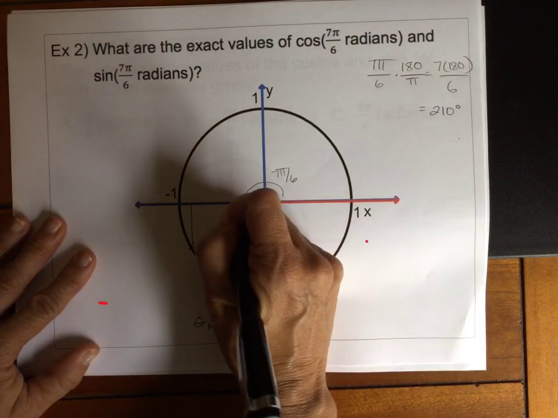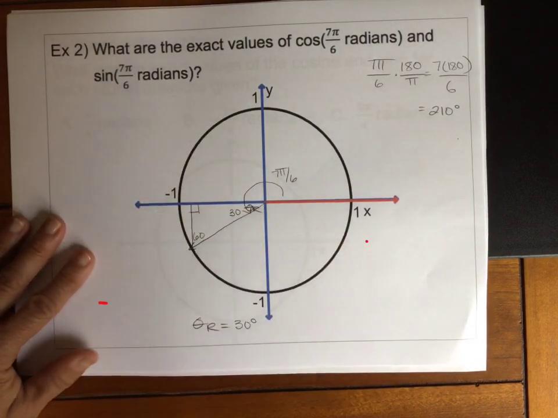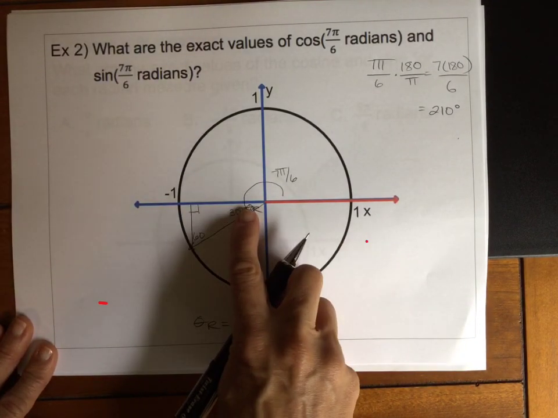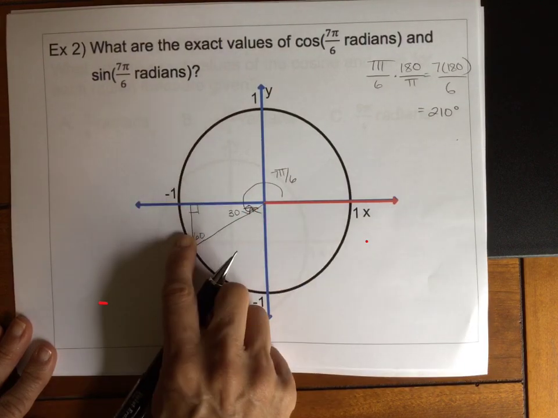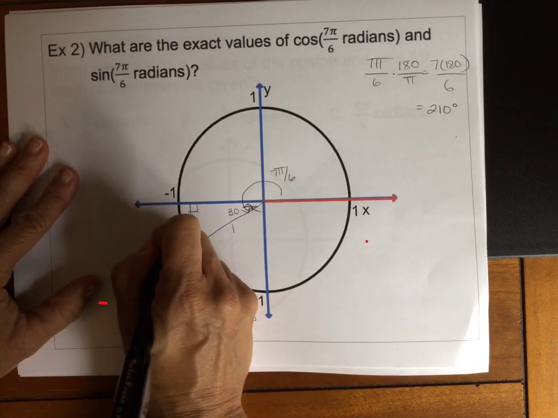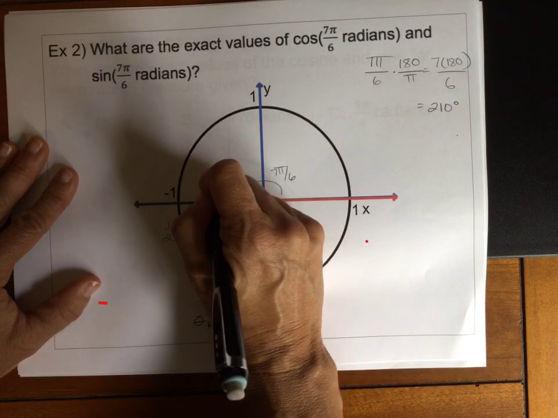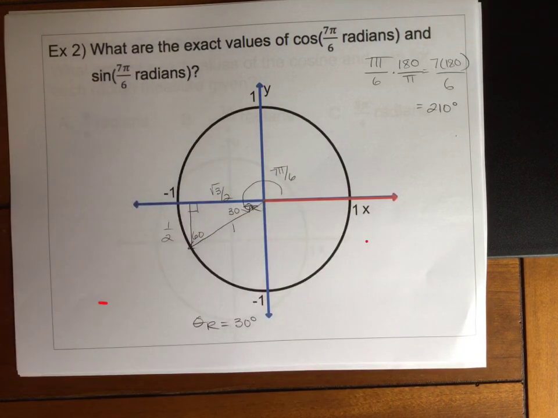So guess what? We have a 30, 60, 90 triangle. And we know that the short side of the 30, 60, 90 triangle with a hypotenuse of 1 is 1/2. And the long side here is root 3 over 2. And now we just need to decide what are the actual signs on that.